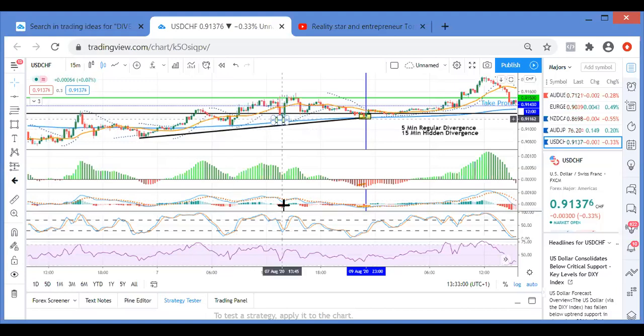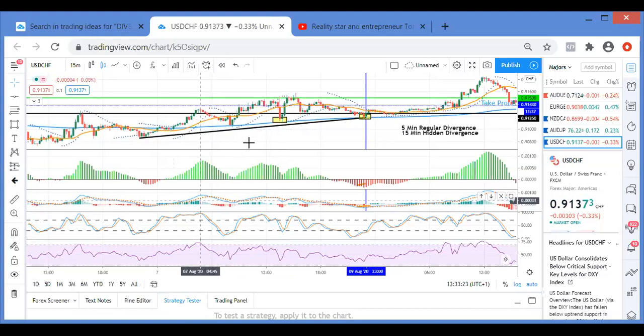How do I know? Directly below it is red. So I know that this is a low in the market. Now, this green area here is my high. How do I know? Because on the MACD, when you see green or blue color, that's my high.